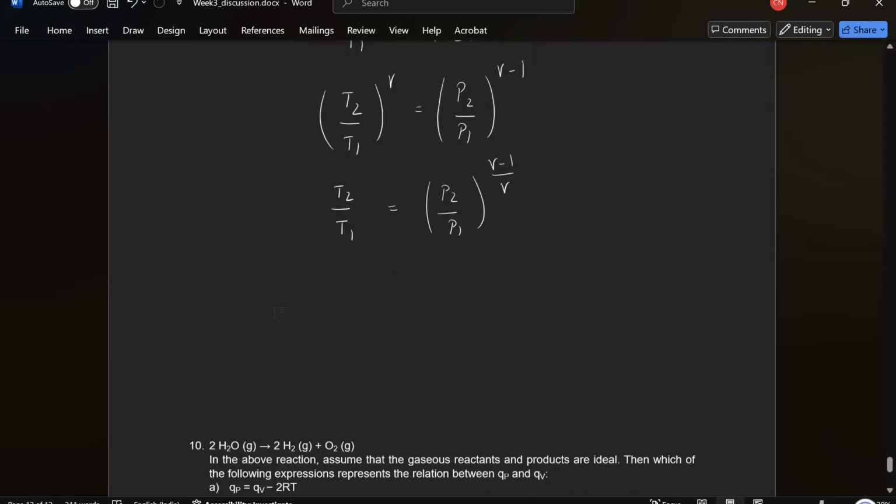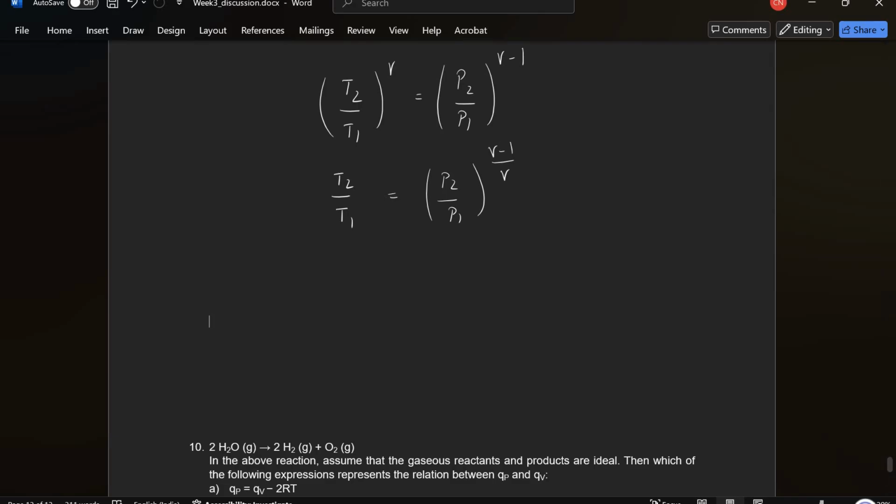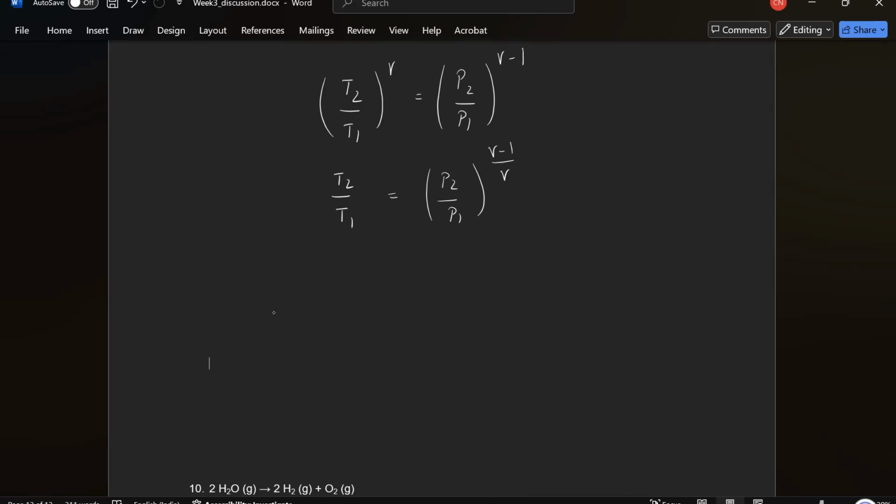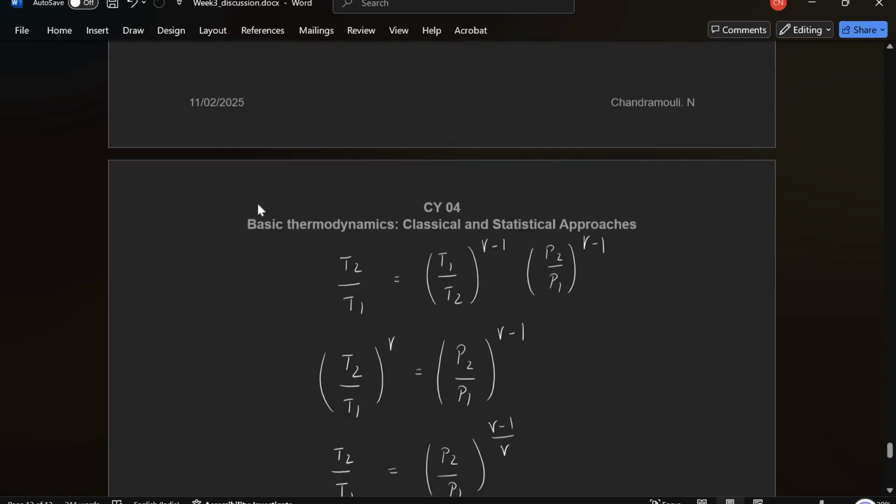Alright. So what are the things that we have already? We have T1 equal to 300 Kelvin. We have P2 and P1. Let me check the values.